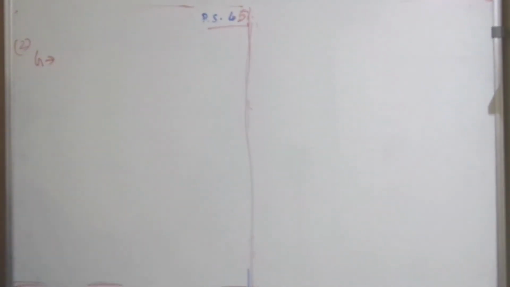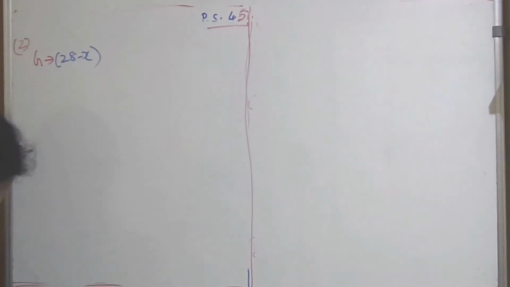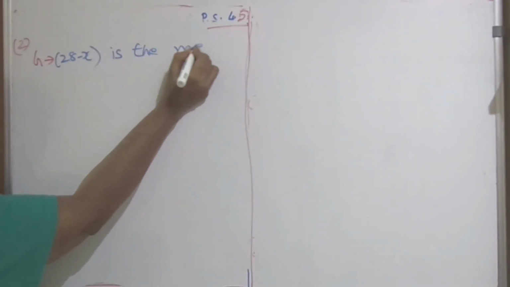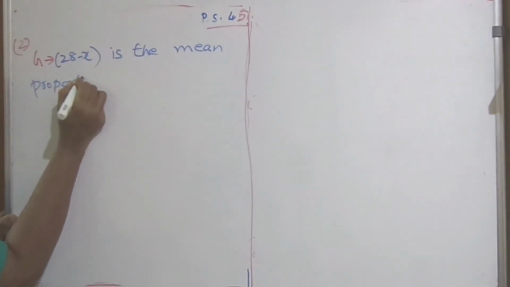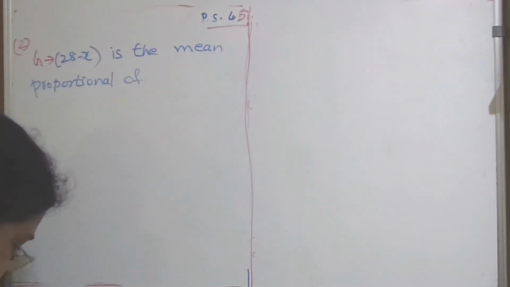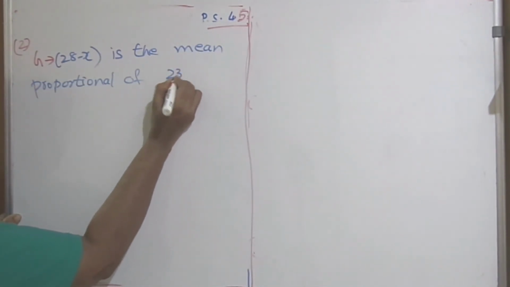Given: 28 minus x is the mean proportional of 23 minus x and 19 minus x.